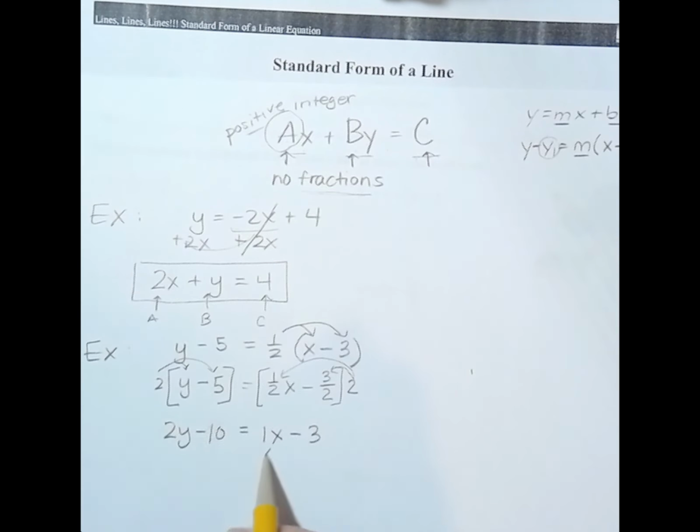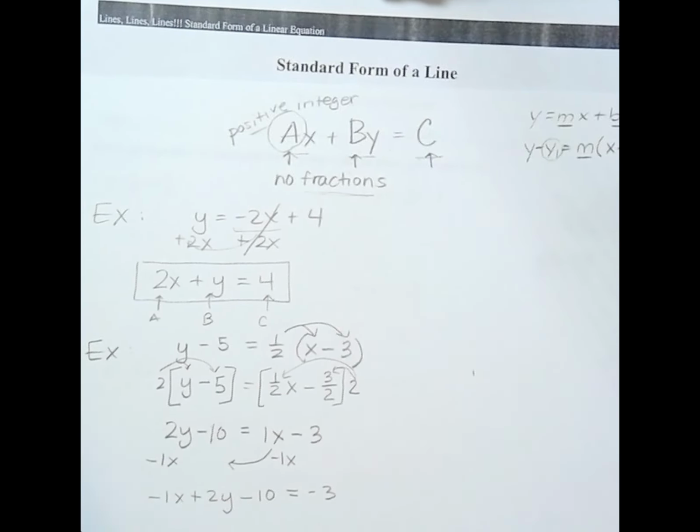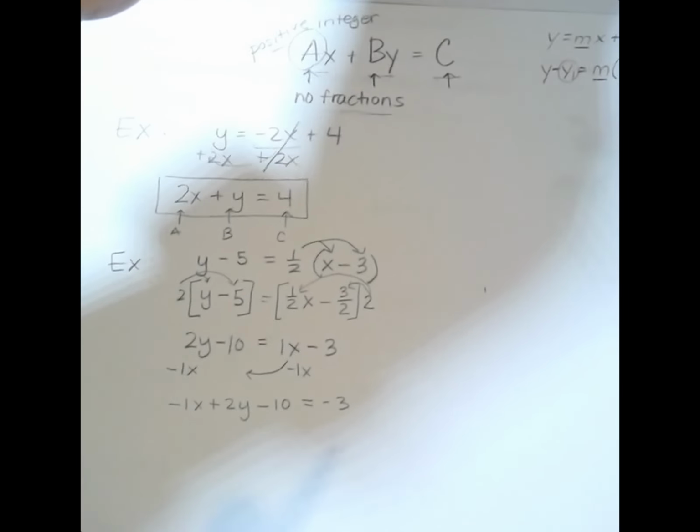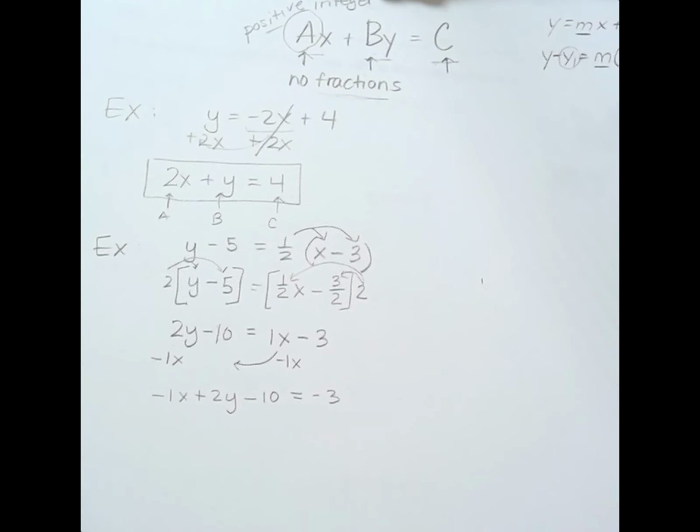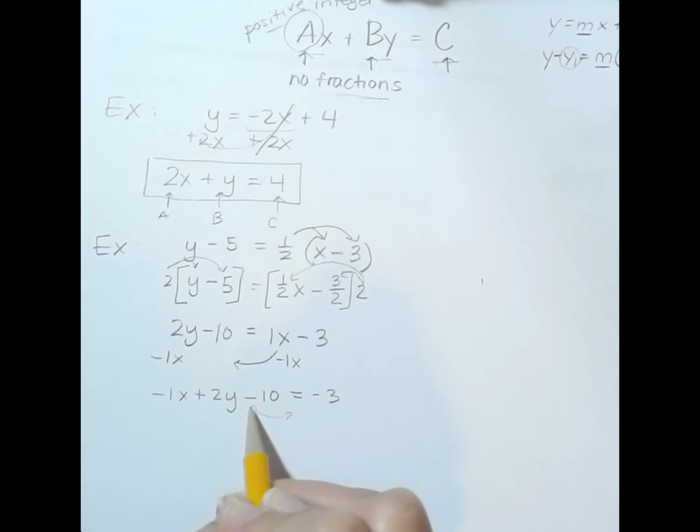So we're going to subtract 1x. Now I have negative 1x plus 2y minus 10 equals negative 3. And I need to get this 10 to the other side, so I'm going to add 10 to both sides.